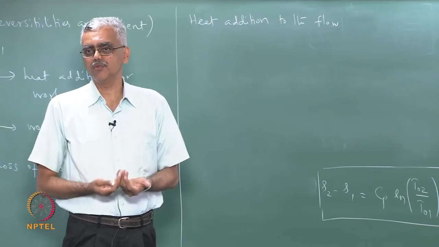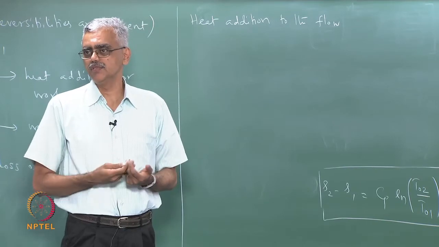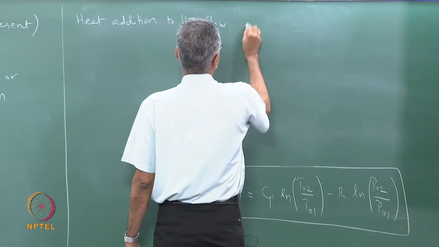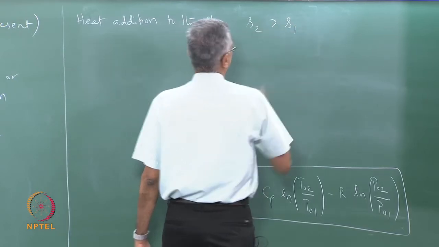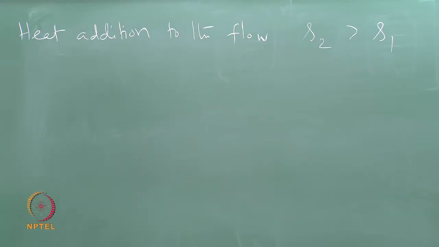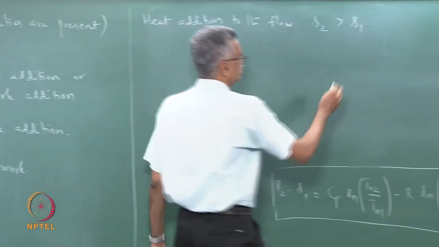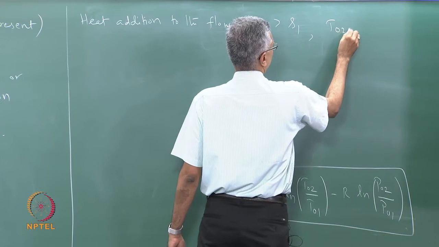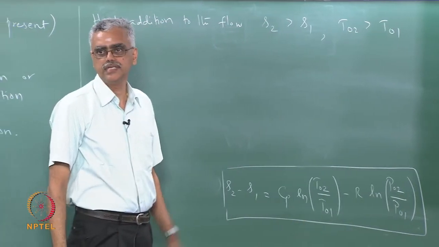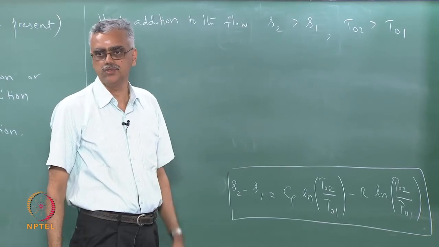Even if the heat addition process is reversible, it must still result in an increase in entropy. So heat addition to the flow makes S2 greater than S1, and as we saw earlier, T02 is also greater than T01. This is very easy to see, right?